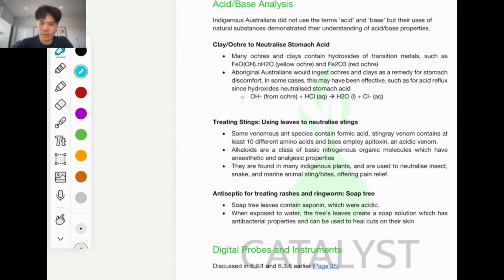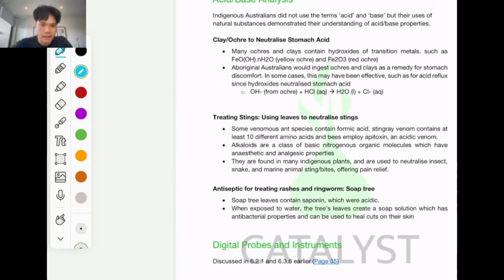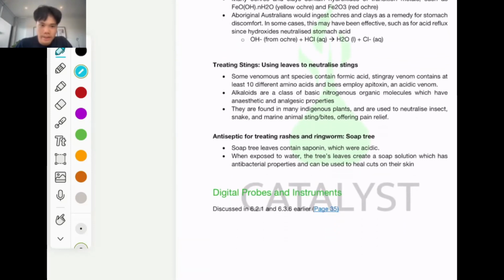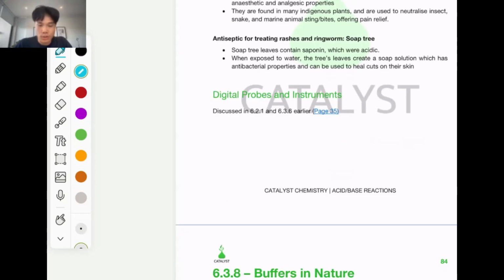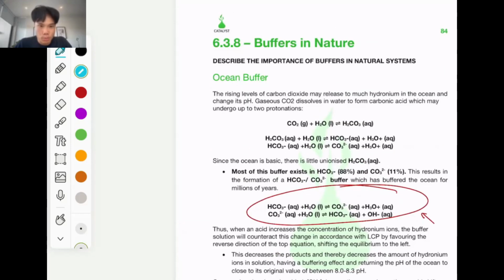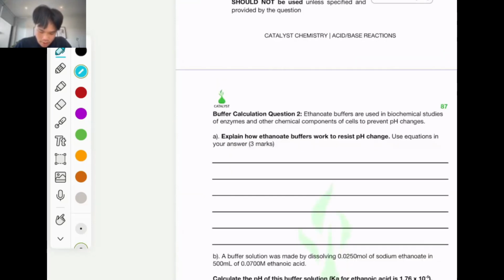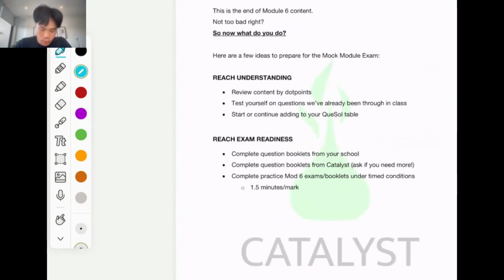Plain ochre as stomach acid neutralizer, treating stings by neutralizing them, or using soap tree as antiseptic. Three examples, probably just take one. And then we talked about digital probes and instruments earlier. Also mentioned buffers earlier too. And that is all for module 6.